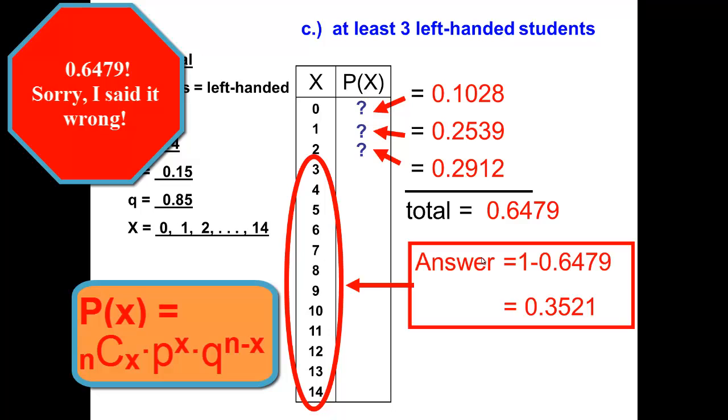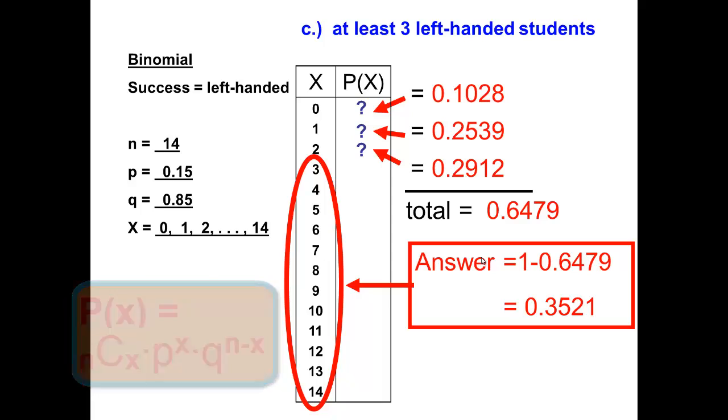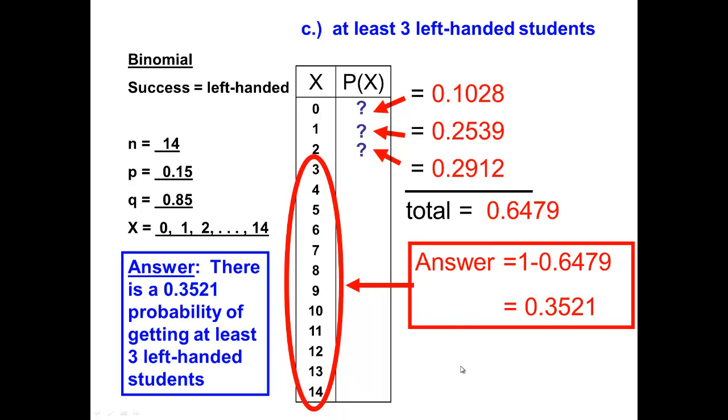Well, remember our complement then is 1 minus 0.6479, which gives us that our answer is 0.3521. So there is a 0.3521 probability of getting at least 3 left-handed students.